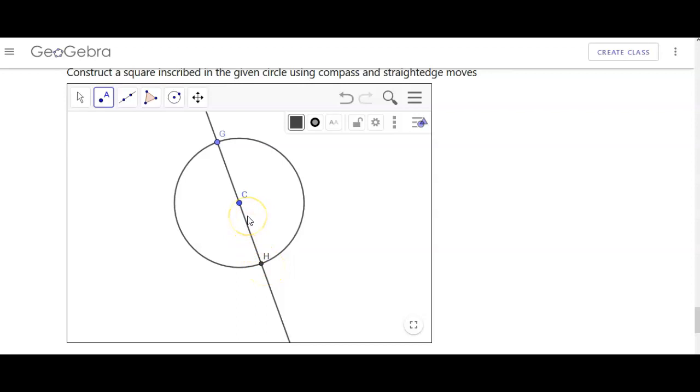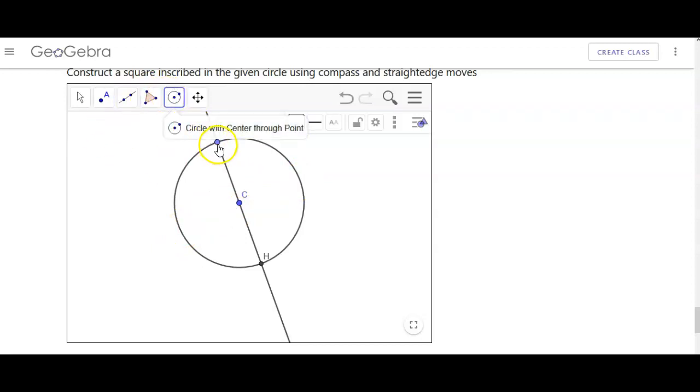Now, we talked a little bit about it the other day. We didn't have a huge discussion, but we talked about how this segment is the diameter of the square. And in order to find the other diameter of the square, we need to bisect this segment from G to H, because the diagonals of a square bisect each other and they're perpendicular. So they're the perpendicular bisectors of each other.